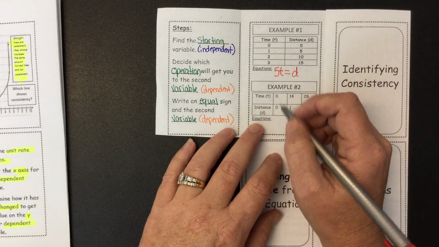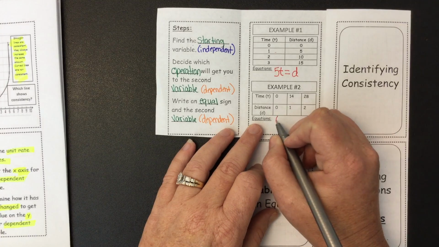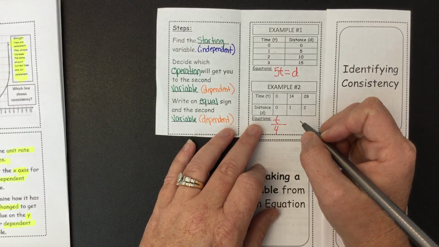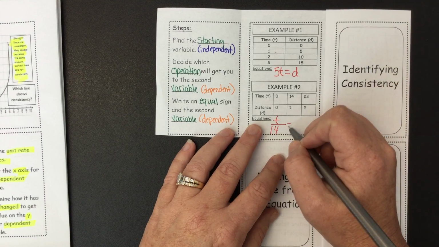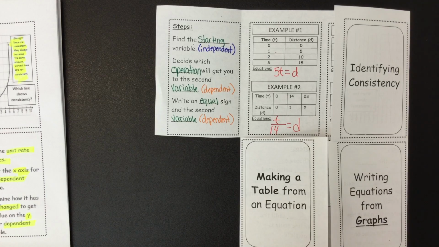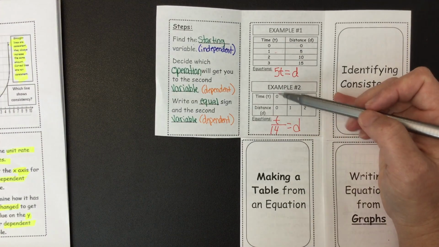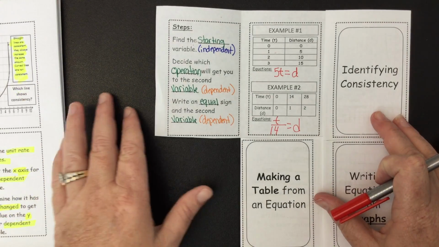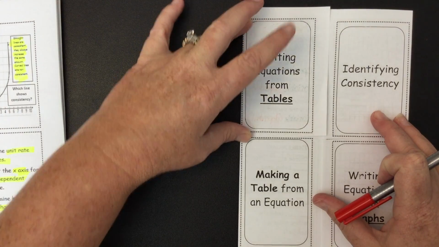All right, so now I'm taking my letter T and dividing it by 14, and that gets me my distance. Everybody see that? Yes? You went the other way, correct? You went from distance to time. All right, good?